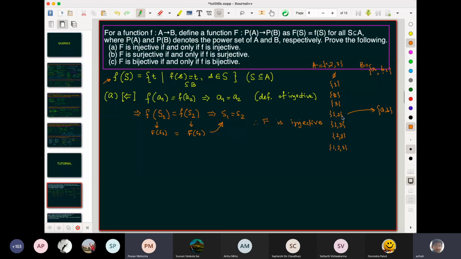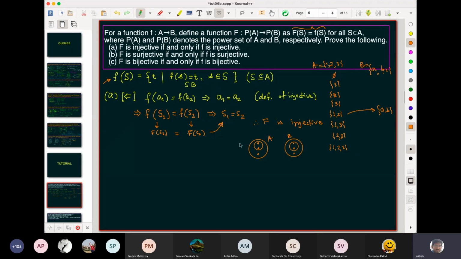See this. Since this relation is given, A is 1, 2, and 3, and B has a, b, and c. If you take the set {1, 2} in A, you will get {a, b} here. That's what we are saying by this equality.